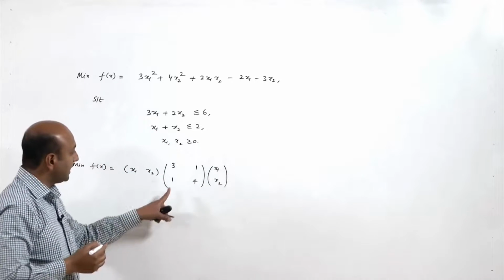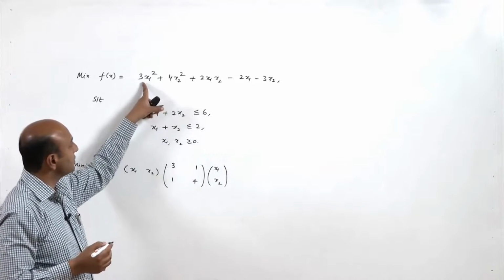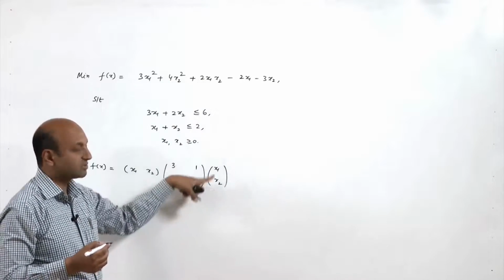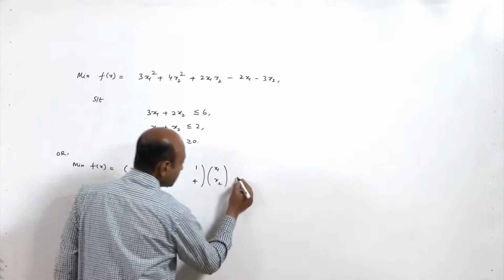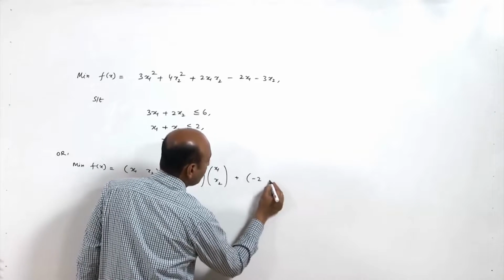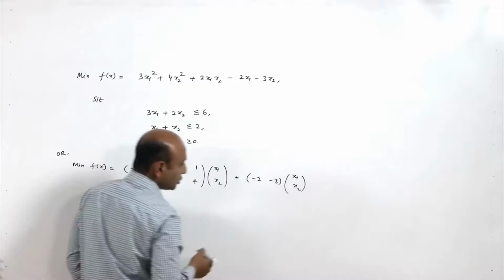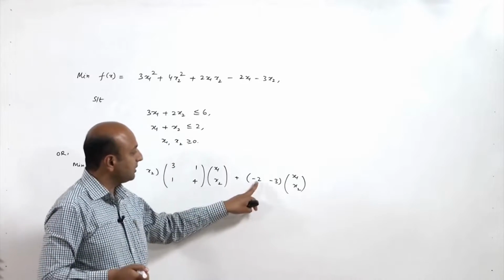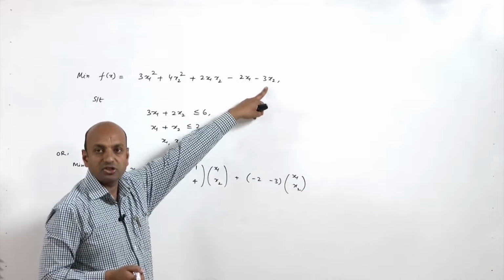When you multiply these three matrices, you will get back 3x1 square plus 4x2 square plus 2x1x2, which we can readily see, plus the row minus 2, minus 3 times x1, x2. When you multiply these two, it is nothing but minus 2x1 minus 3x2, which is the linear part of the objective function.